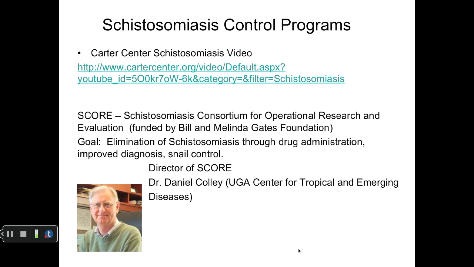This SCORE project, which has been going on for a few years now, is predominantly focused on drug administration, massive drug administration in endemic areas. They're focusing on schistosomiasis caused by Schistosoma haematobium and schistosomiasis caused by Schistosoma mansoni.